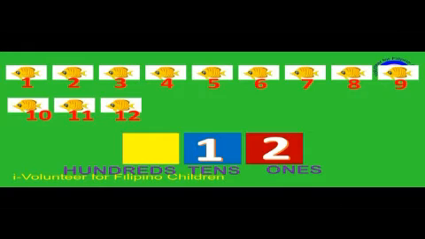Kapag tinanong ka kung ano ang value ng tens place, your answer will be 1 ten or simply 10. Kapag ang tinanong naman sa iyo kung ano ang value ng ones place, the answer will be 2 ones. Naintindihan nyo na ba kung ano ang ibig sabihin ng blue square at ang red square?